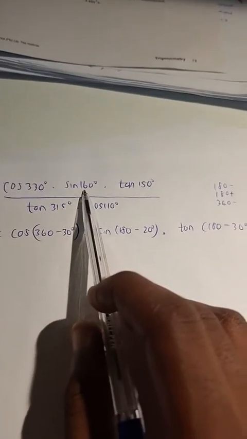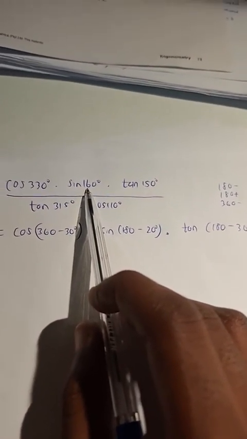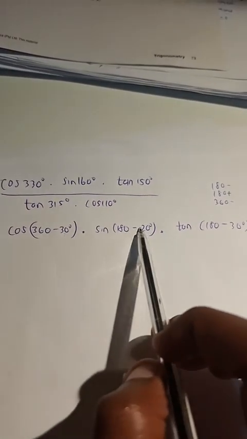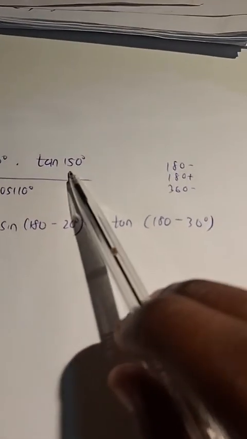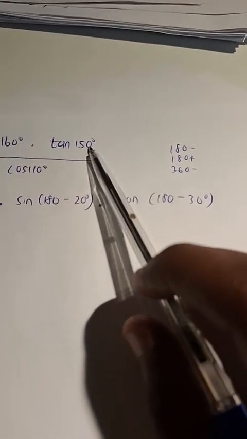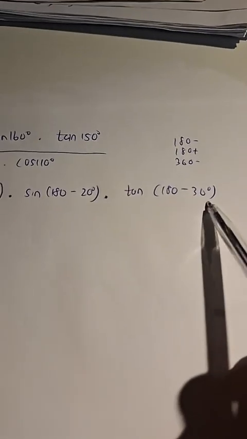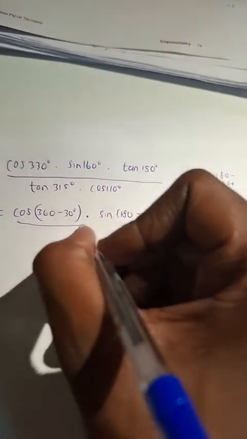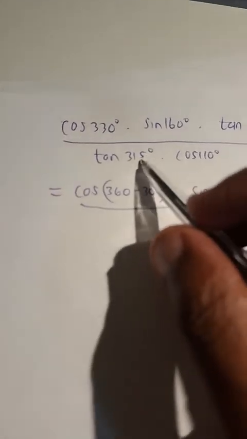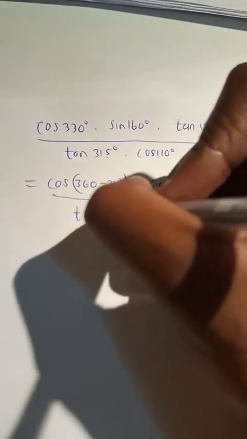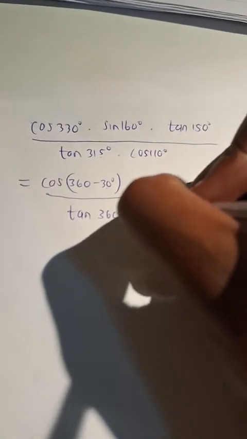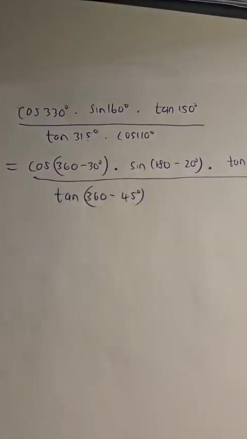I see 160, I'm thinking of 180 minus or 180 plus, more specifically 180 minus. This is acute, this is acute. I'm safe. 150, I'm thinking of 180 minus 30. Tan 315, I'm thinking of 360 minus, minus what? 45 degrees.